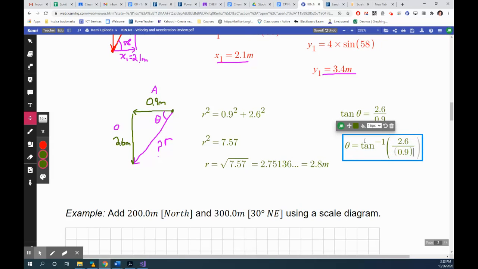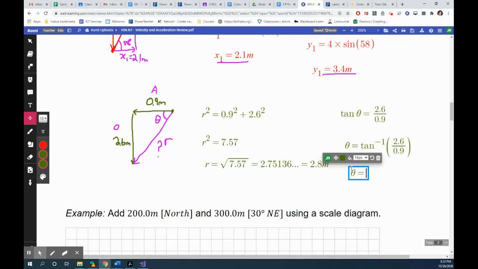That's what I punch into my calculator, and we get a final value for theta of second tan 2.6 over 0.9. We get 70.9, equals 71 degrees.